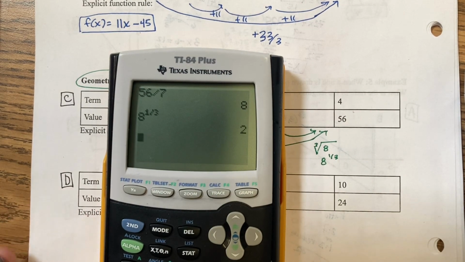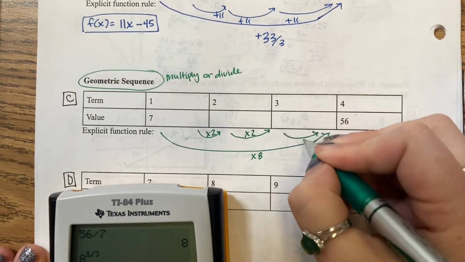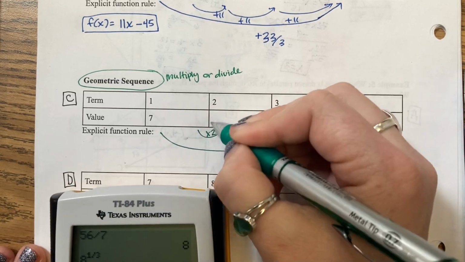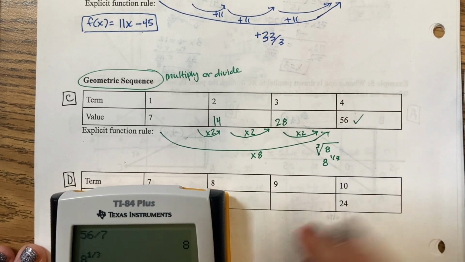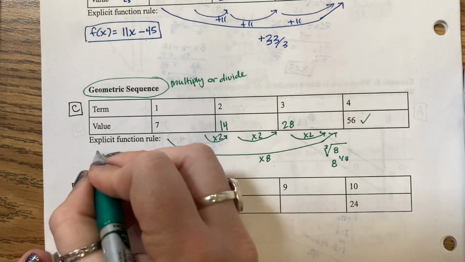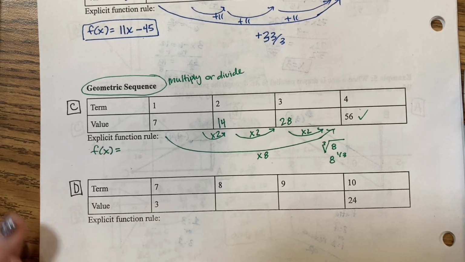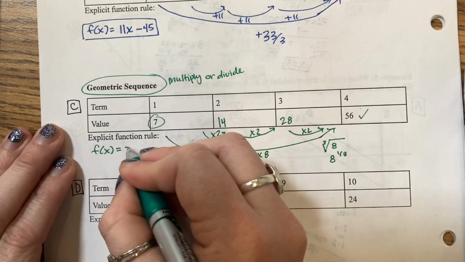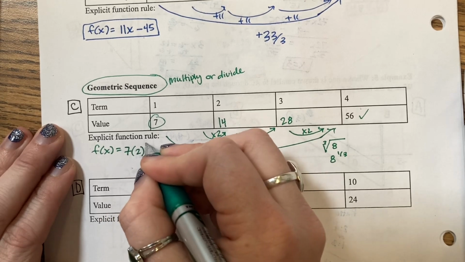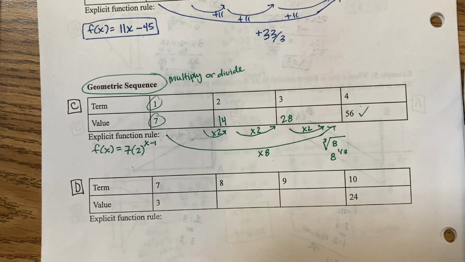It's going to break it into 3 equal parts. Times by 2 each step. 7 times 2 times 2 times 2. F of x equals, I'm going to be lazy and say that I start with 7, times it by 2 each time, but I have to do x minus 1 for starting with the first term.